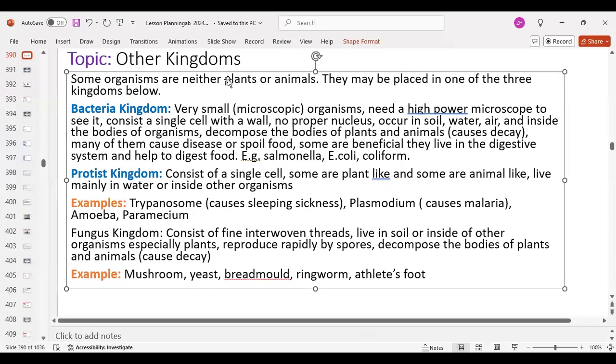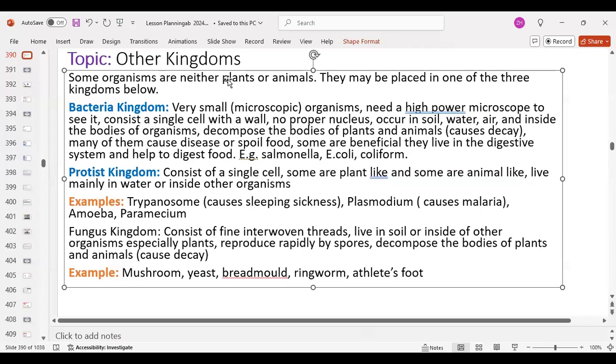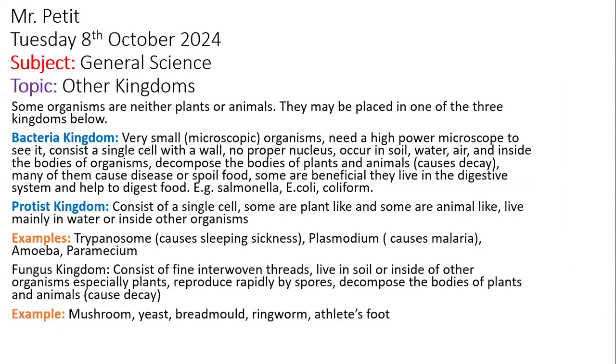So we finished the animal kingdom. You know what we haven't done in the animal kingdom? I forgot to do them. The worms. We haven't done the worms, the roundworms and the stuff like that. The flatworms, yeah.